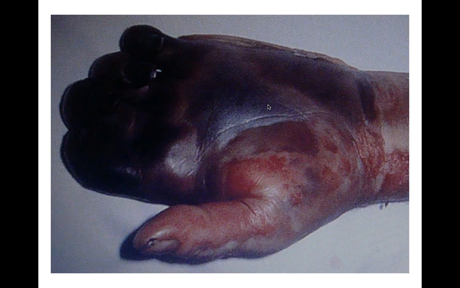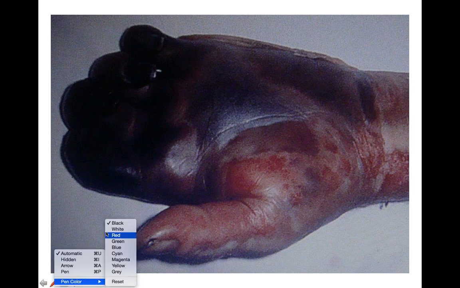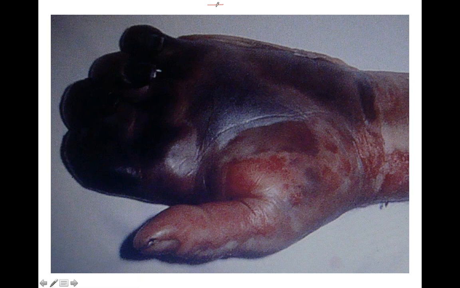Type 1 is polymicrobial: staph, streptococcus, E. coli, and mainly occurs in diabetic patients.